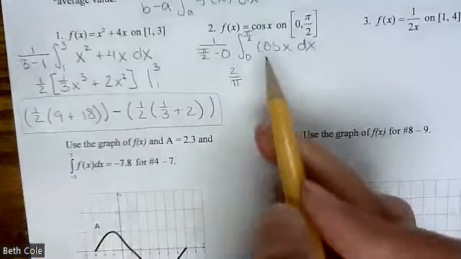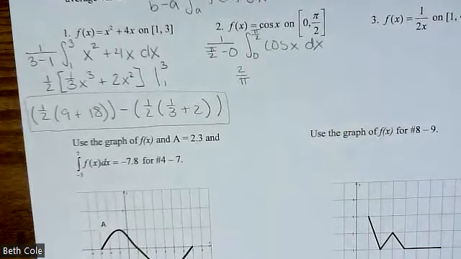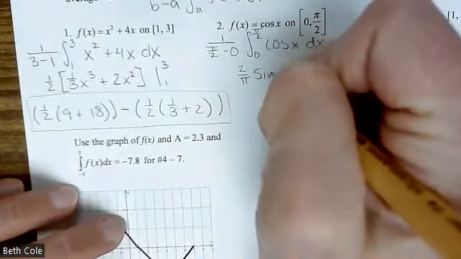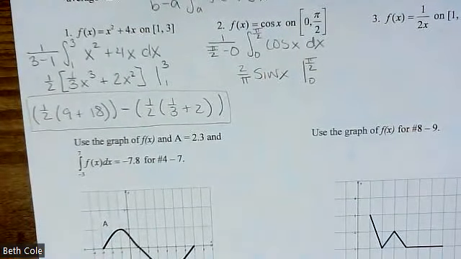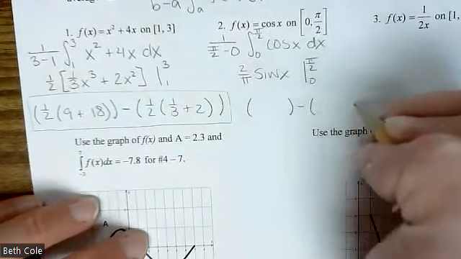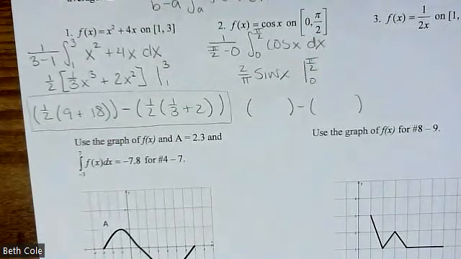All right, and then what is your antiderivative of cosine? You need a function, good, sine of x, evaluated from 0 to pi over 2, upper boundary minus lower boundary. So where is pi over 2 on your unit circle? At the top, that's (0, 1).